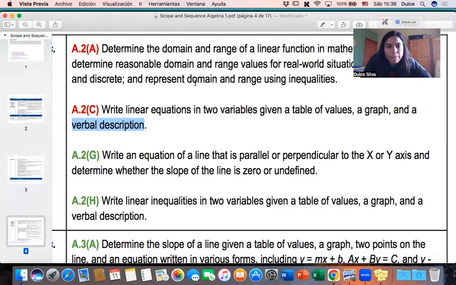I have many activities that we could use so the students develop the skills to obtain this standard.